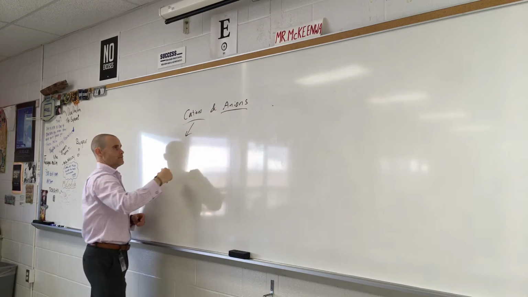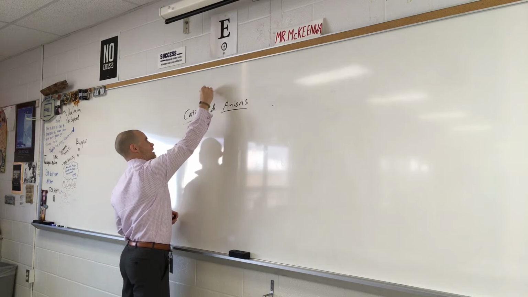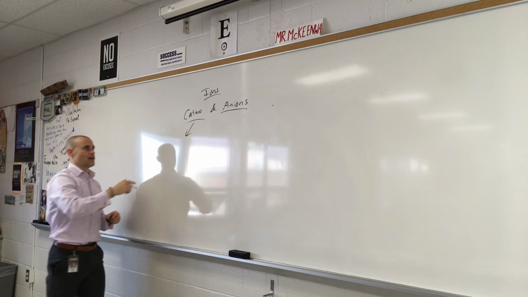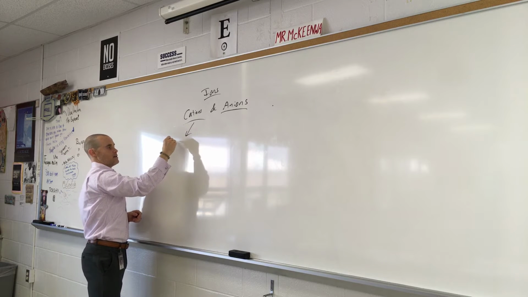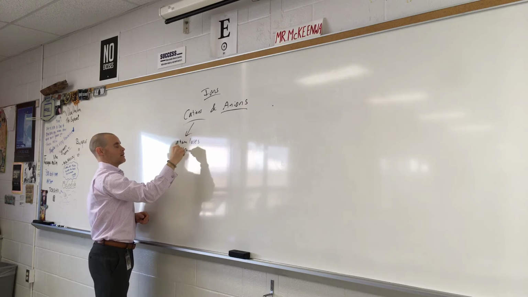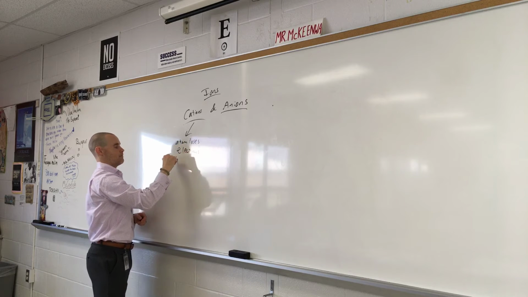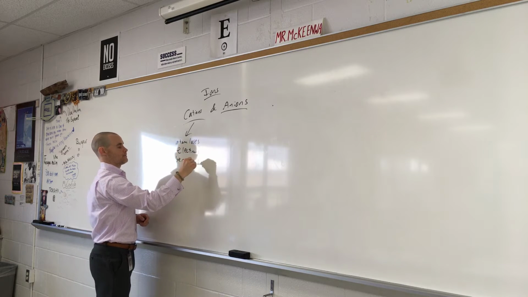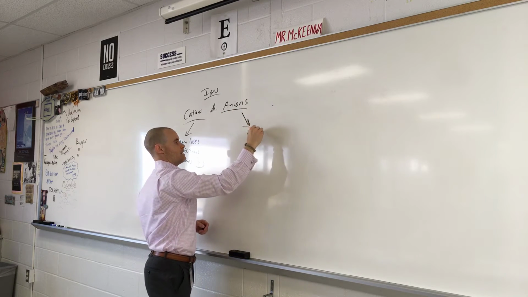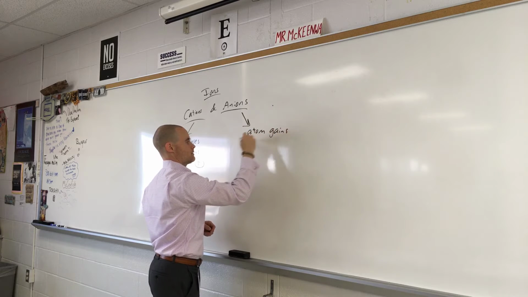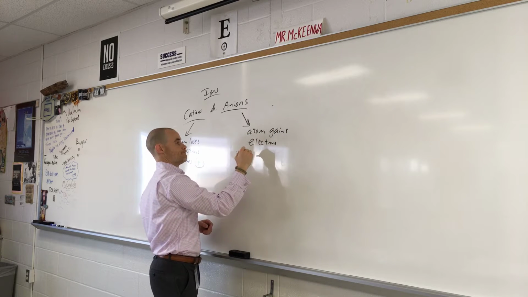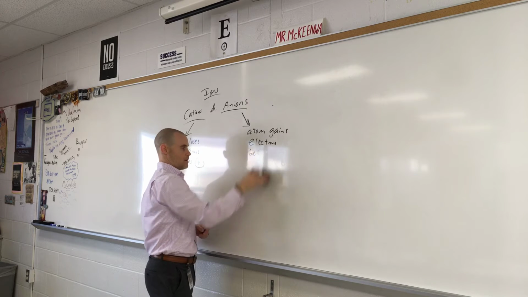Ions is the category, and there are 2 types in it. A cation is when an atom loses electrons and becomes positive. An anion is when an atom gains electrons and becomes negative.